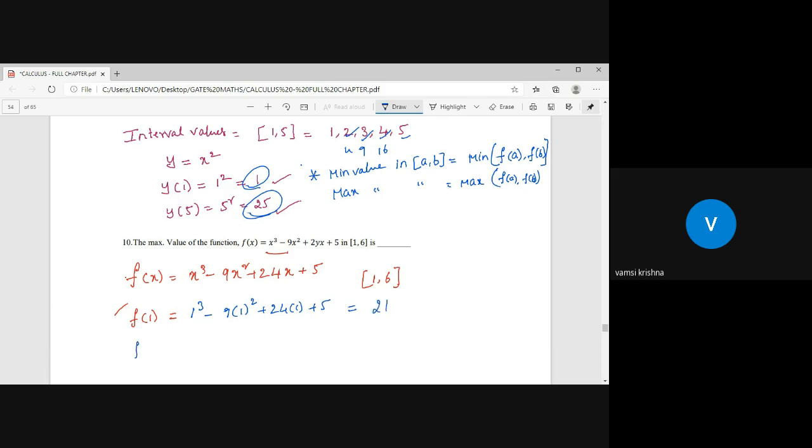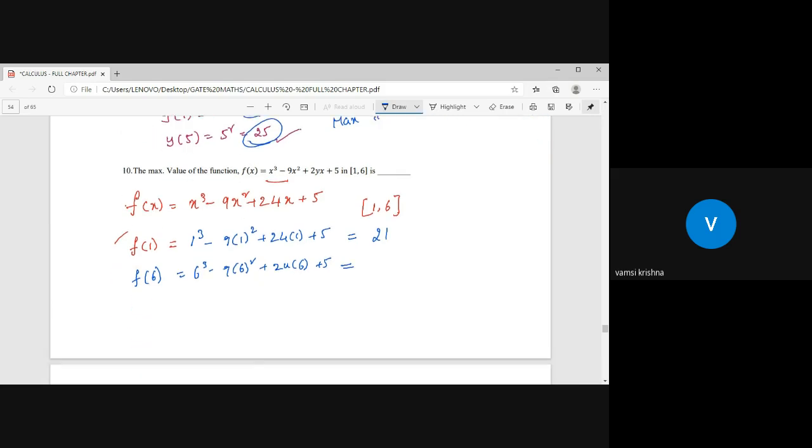And in the same way, if you substitute f of 6, so what do you get? 6 cube minus 9 into 6 square plus 24 into 6 plus 5. So you will get some answer to this. So 6 cube is 216 minus 6 square is 36. 36 nines, 36 tens is 360, and you have 36, 330, 324, I think 324, 120 plus 24, 144 plus 5, some answer you got.